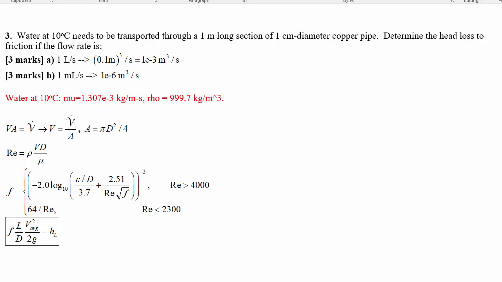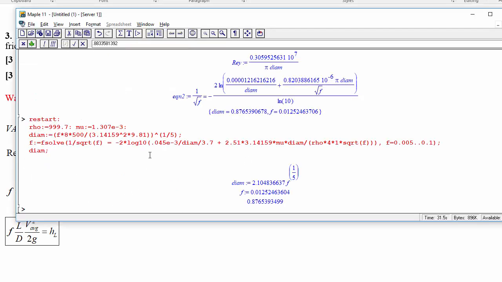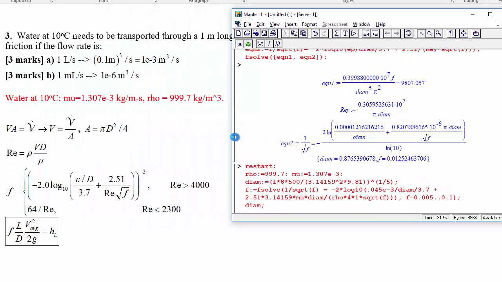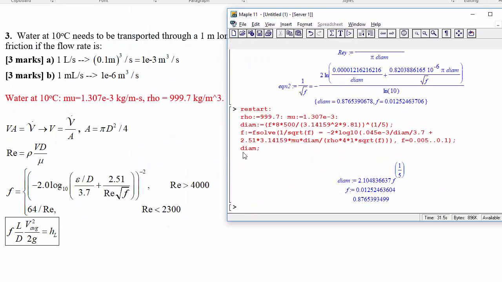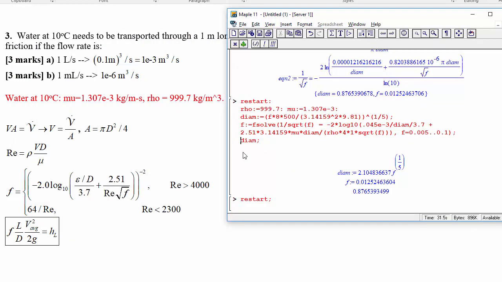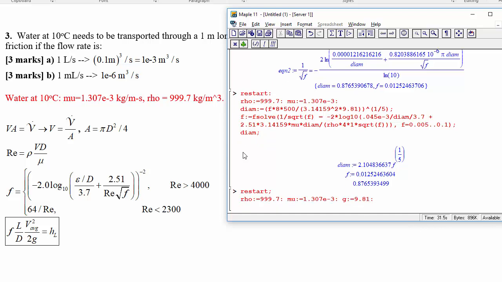All right, let's get started. We will take the same water properties as last time. G is 9.81, and the area is 3.14159 times the diameter.